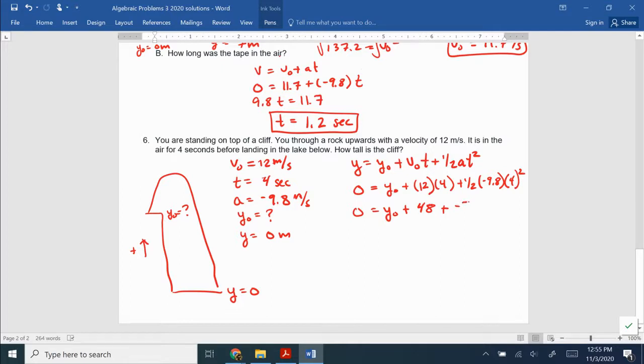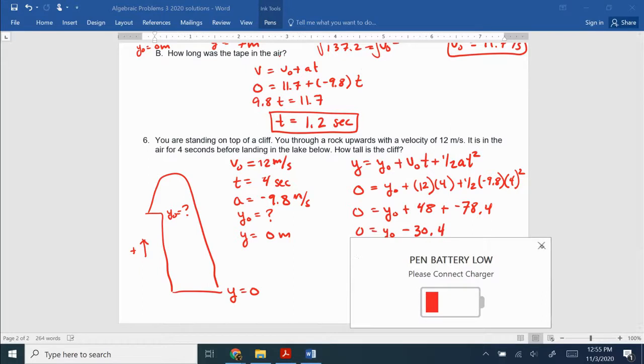We can then combine those two. So 48 minus 78.4. So we have 0 is equal to y naught minus 30.4.